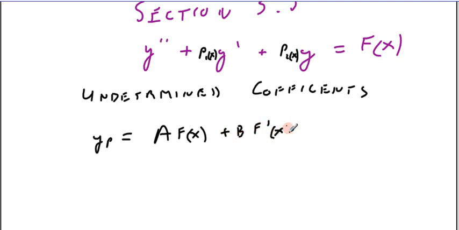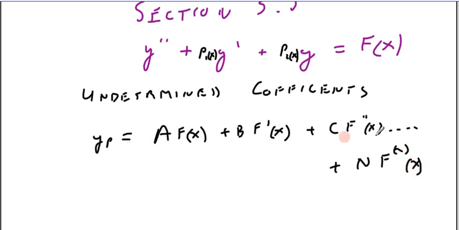And we're taking all the derivatives of f of x is what we're doing. Plus c f double prime of x all the way out to, we'll call it n, f n of x, if that makes any sense. So depending on what f of x is will determine what we're going to do.